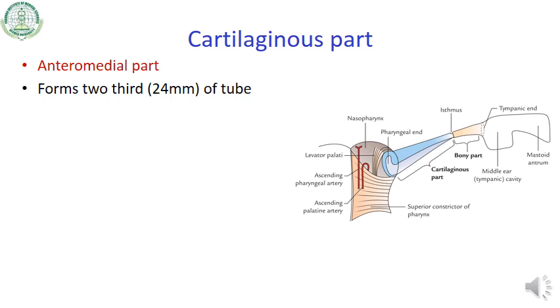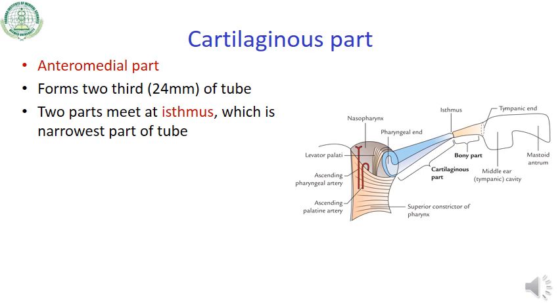It is a groove between the greater wing of sphenoid and apex of the petrous temporal bone. The length, as I told you, is about 1 inch, which means 2.4 centimeter or 24 millimeter. So it contributes about 2/3 portion of the total length of the auditory tube.